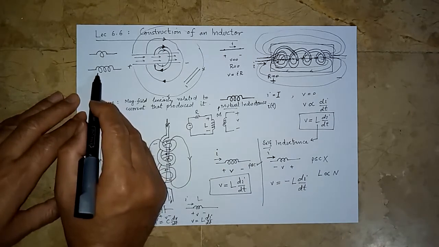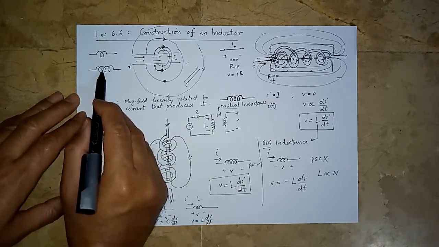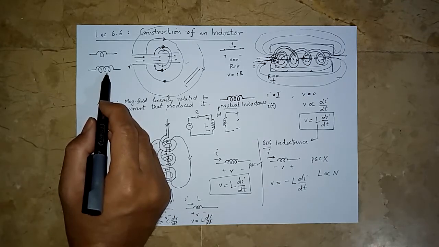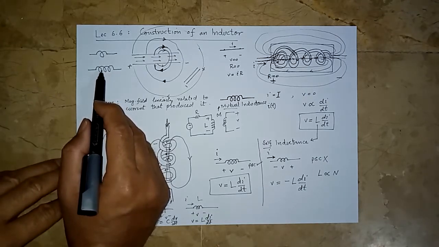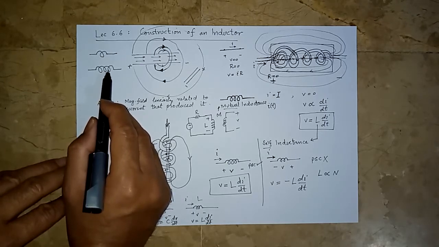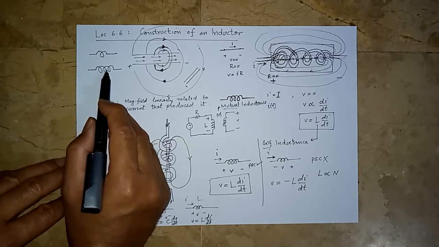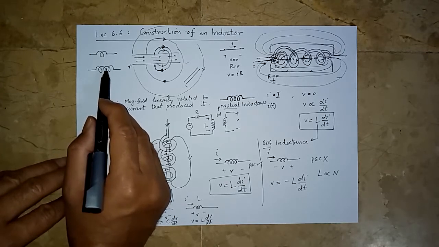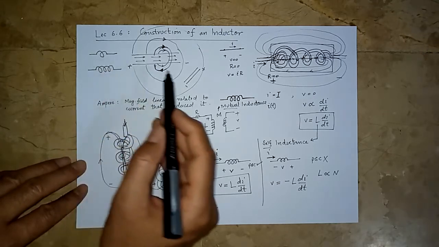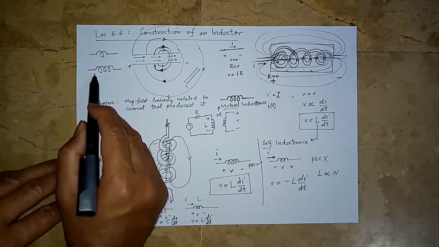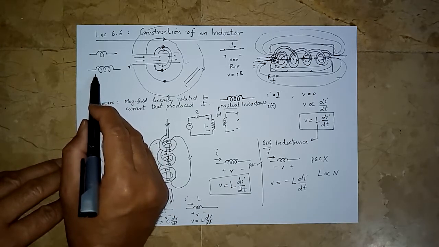Now another thing is, increasing the number of turns increases two things. One, the magnetic field intensifies because of the inclusion of another coil, and the second thing is the flux linkage also increases, due to which a voltage appears across the inductor as a whole.